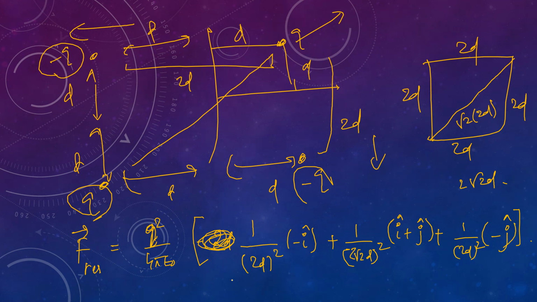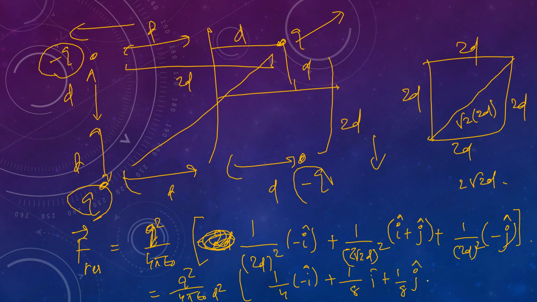Okay. So q square by 4 pi epsilon naught d square, 1 by 4 minus i cap, plus 1 by 8 i cap plus 1 by 8 j cap, minus 1 by 4 j cap.